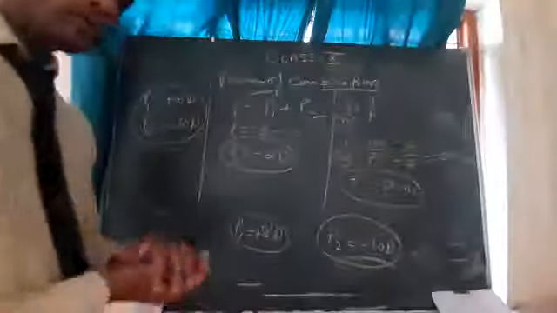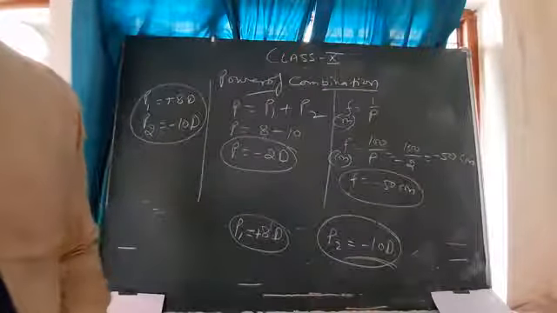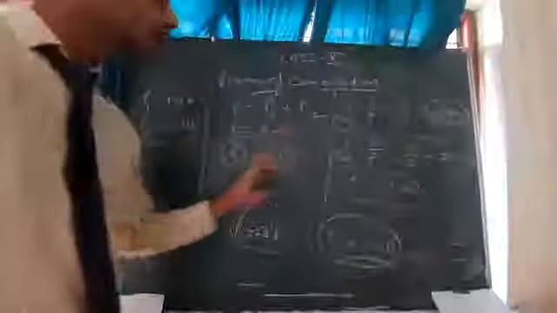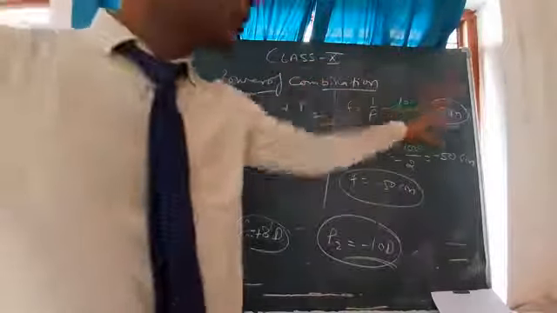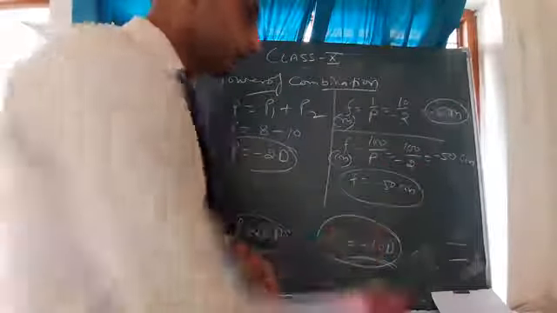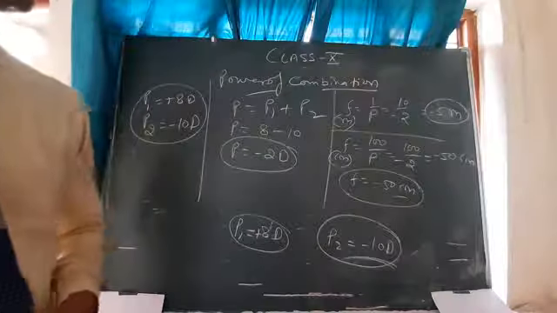This is the focal length of the combination. I hope you understand. But if you want to solve using the other formula, F equal to 1 upon P equal to 1 upon minus 2D, it means minus 0.5 meter. So in meter the focal length is minus 0.5 meter, and in centimeter the focal length is minus 50 centimeter.